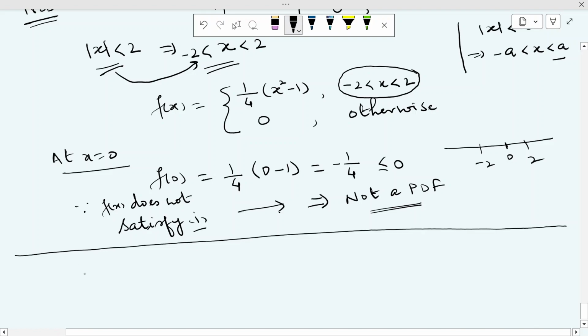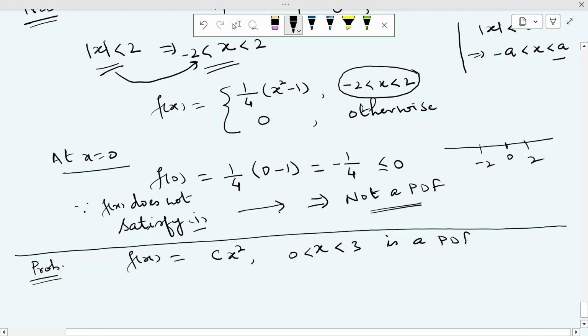Now let us discuss the second type of problem. Suppose it is given that f(x) is equal to c x square, where x lies between 0 and, let's say, 3, and it is a PDF.